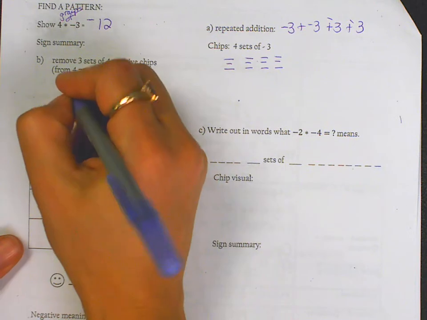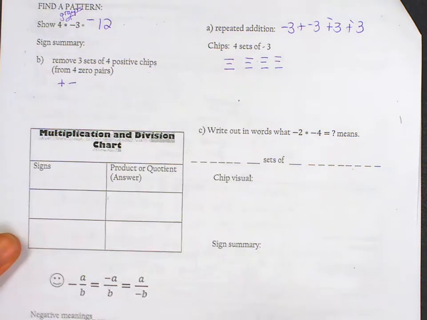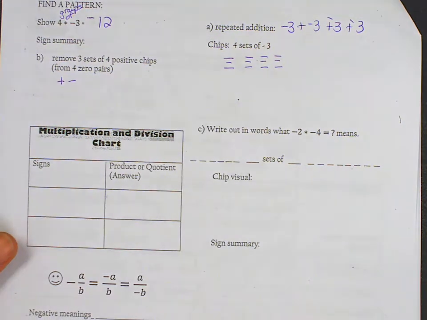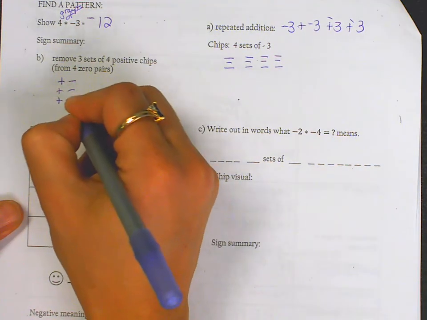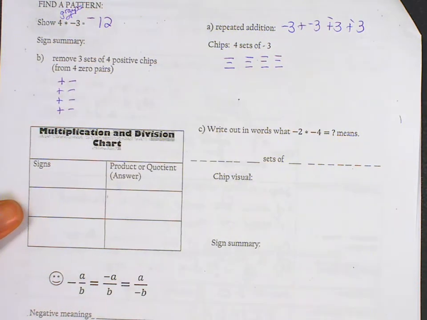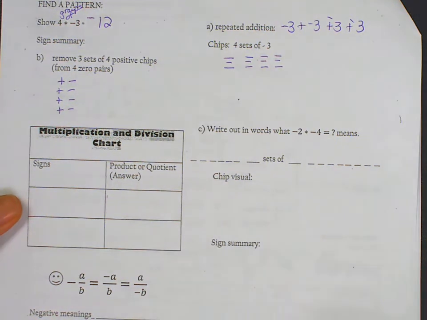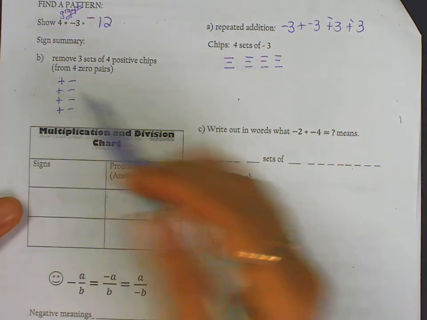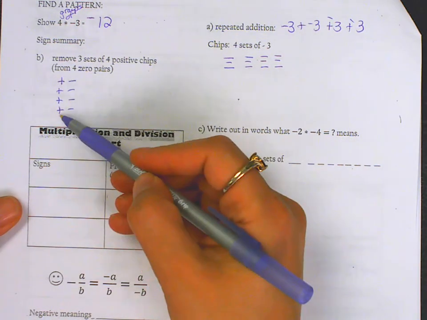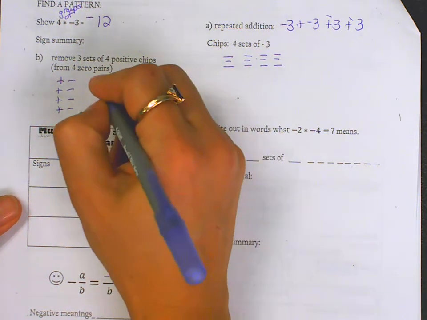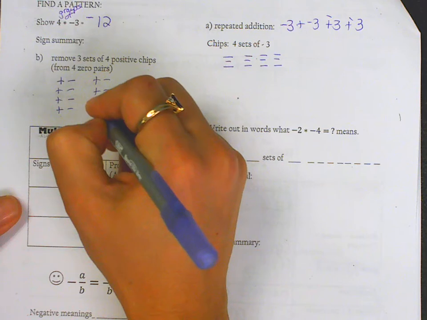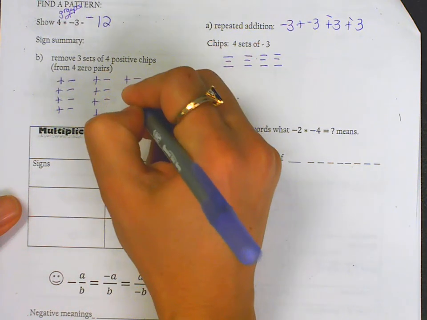So I'm going to write a 0 because that's nothing. And I am going to write a whole bunch of zeros because I need to do a whole bunch of removing. I need to remove 3 sets or groups of 4 positives. I can see 4 positives here, but that's only 1 set, and I need 3 sets. So here's my second column and my third column.